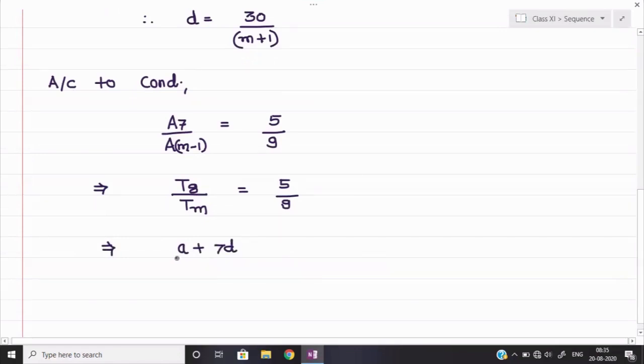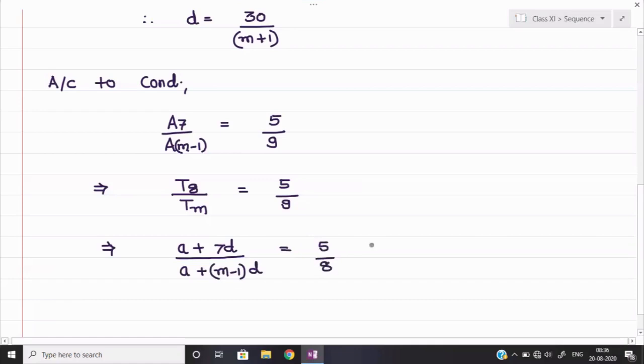Don't be confused, t8 you can write as a8 also; it is up to you which symbol you use. Now the value of tm, in a similar manner, will be a plus m minus 1 into d.